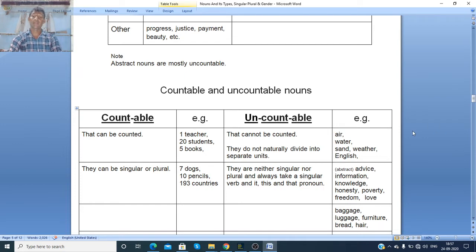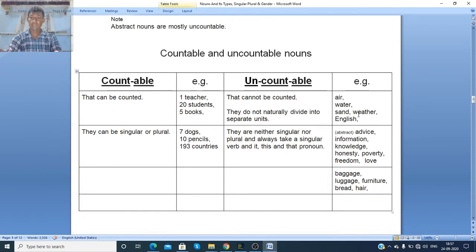Uncountable nouns are like air, water, sand, weather, and abstract nouns like advice, information, knowledge, honesty, poverty, freedom, love. And some packs of things are also uncountable, like baggage.